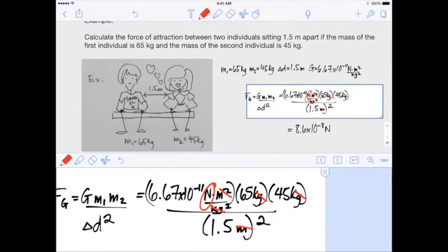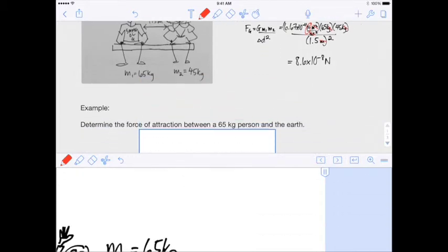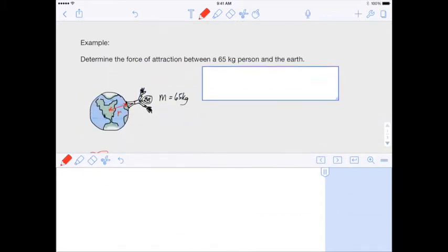Now, I want to use Newton's law of universal gravitation, and I want one of the objects to be planet Earth. If we do so, what we'll be calculating is essentially what we have been calculating before, what the force of gravity that a celestial body exerts on an object is. So here's our example.